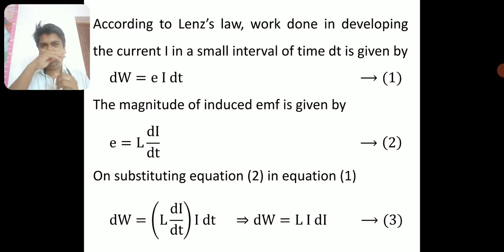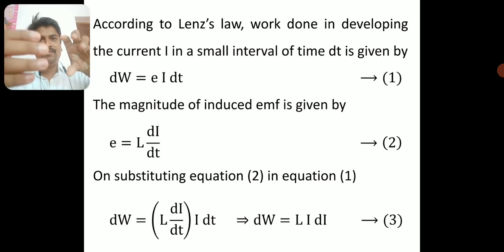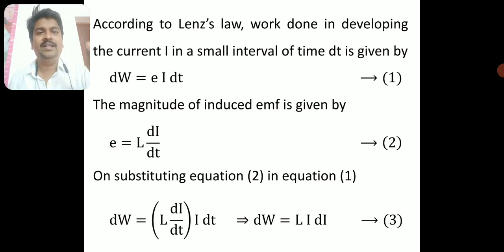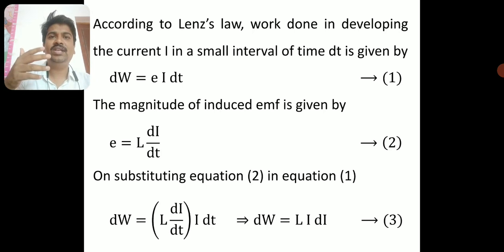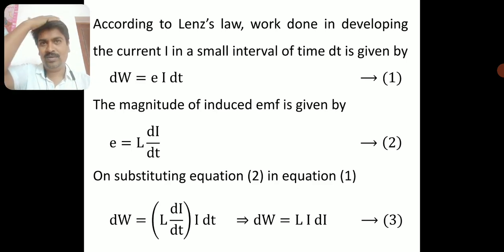So the work done in establishing the current I against the back EMF for a short interval of time dt is dW = E I dt. The three things multiplied here give us a very small work done dW. I am looking for a very small work done, and I'll extend this to the full work done W.